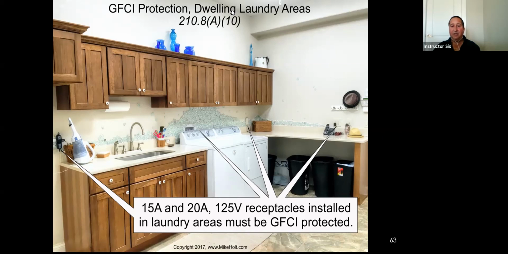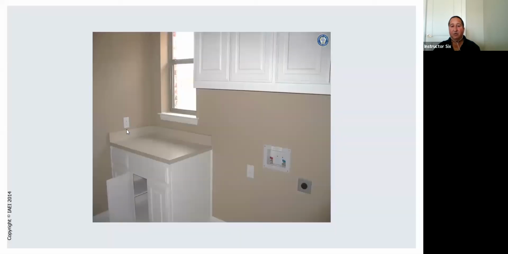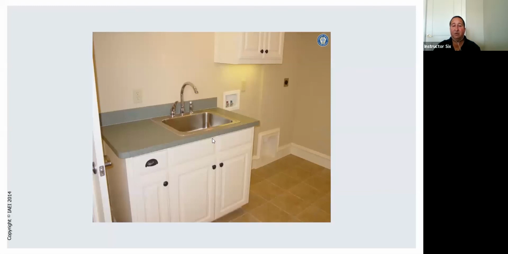Okay, there's another picture. So all these receptacles here have to be GFCI. Not the dryer, but all 125 volt, 20 amp circuits. Some more pictures. These are all GFI protected, so they probably have an overcurrent protection device in the panel.